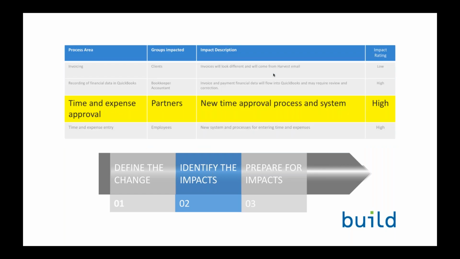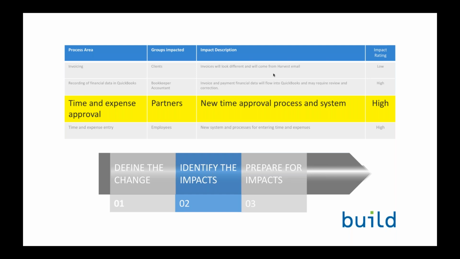And I know that's a ton of information to try to digest on a slide, so we're just going to focus on one line of these processes, just to show them as an example of the kind of detail that we put in here. So in this particular case, not only do partners have to use the new system for their own time and expenses and use it for time approval, but in fact, in this particular example, the partners had never done time approval before.